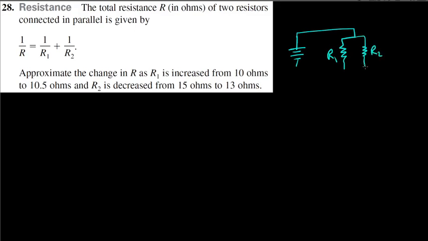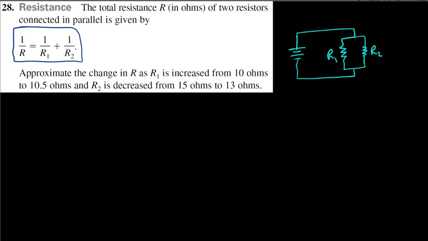They're probably different. These are in parallel, which means if you want the total resistance, you use this formula: the reciprocal of the resistance is the sum of the reciprocals of the two individual resistances.